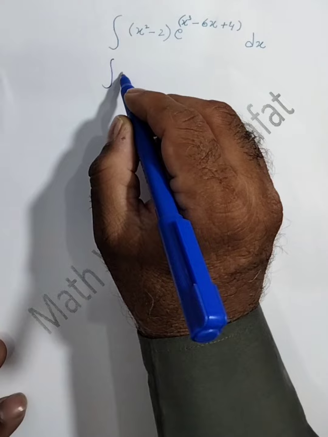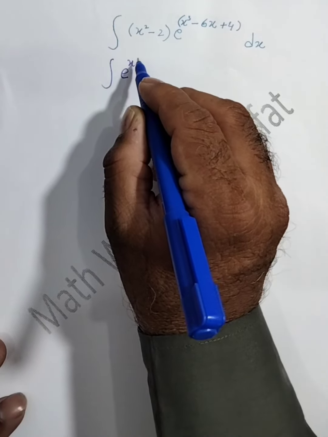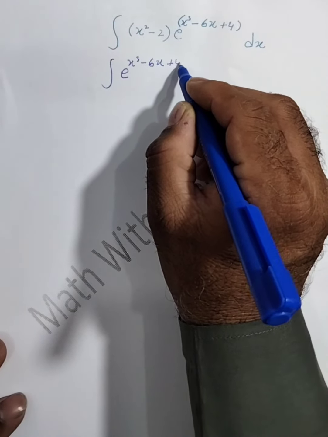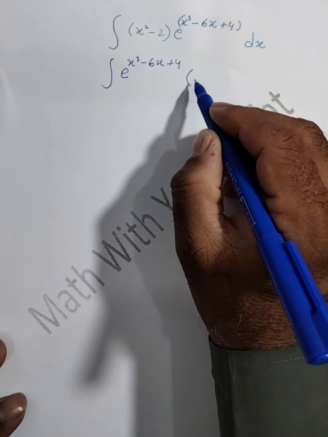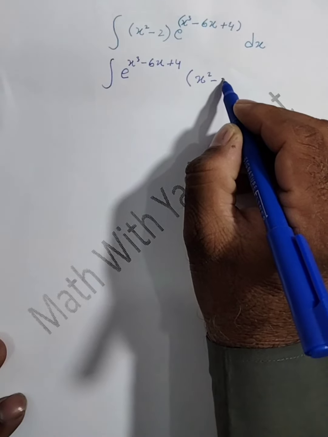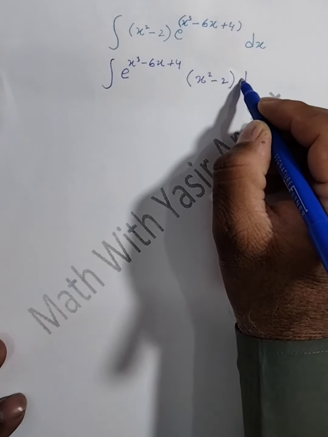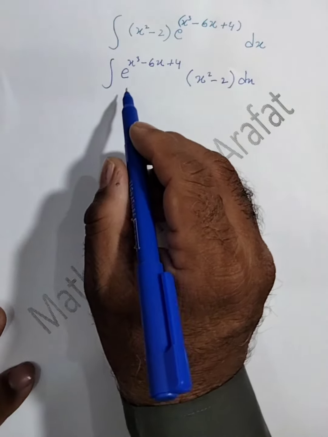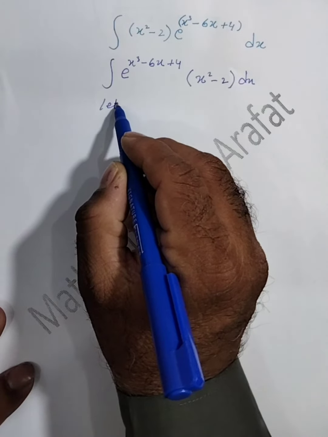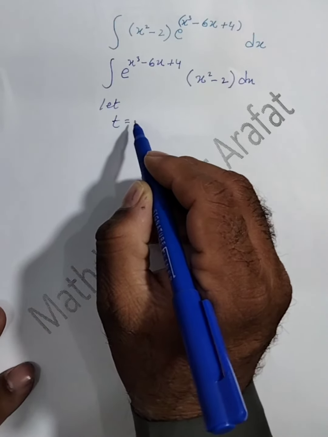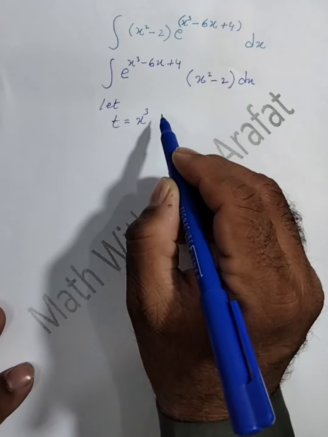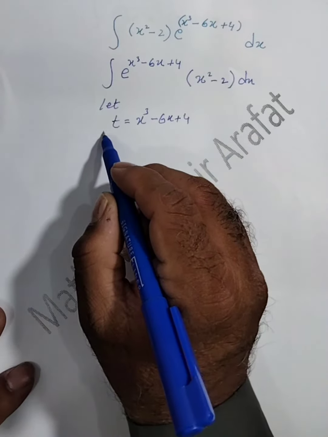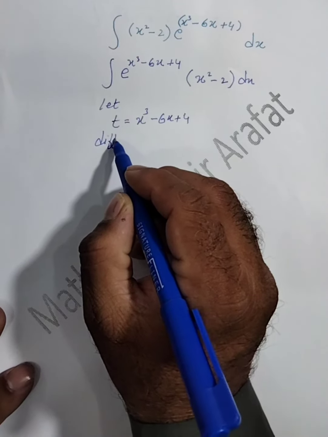So we have to separate e^(x³ − 6x + 4), and this is (x² − 2) dx. Now we suppose that the function x³ − 6x + 4 is equal to t, and then we differentiate with respect to x.